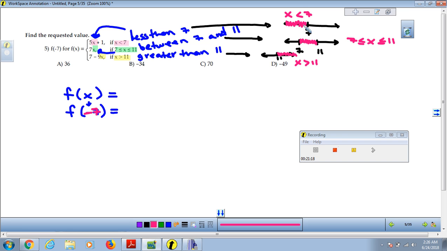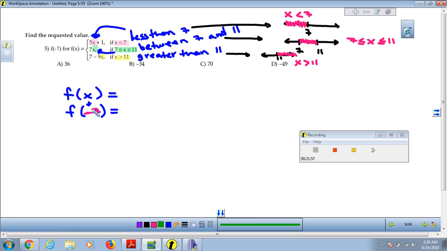Yes, because numbers that are less than 7 are going to be 6, 5, 4, 3, 2, 1, 0, then negative 1, negative 2, so eventually negative 7, yes, it's to the left side of 7. Is it between 7 and 11? No, definitely not. Negative 7 is going to be somewhere to the left side of the 7. And then greater than 11, to the right side of 11, I don't think we can find this number.